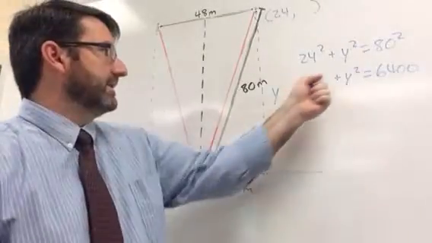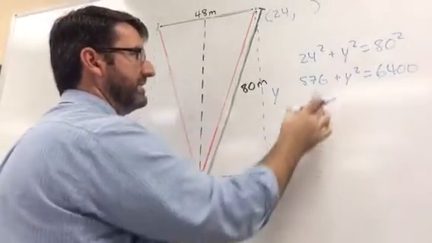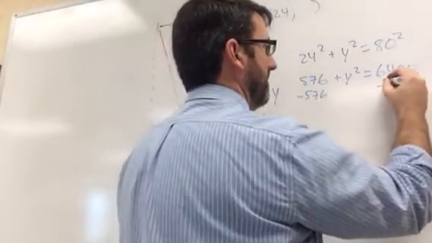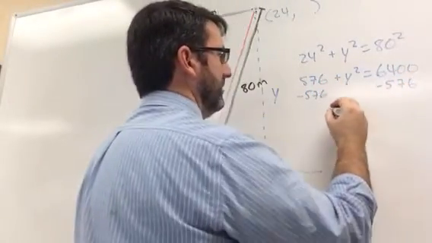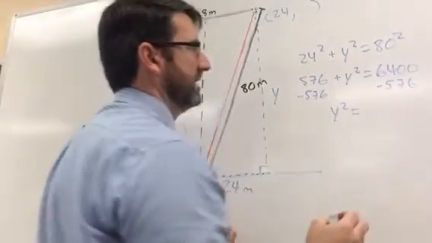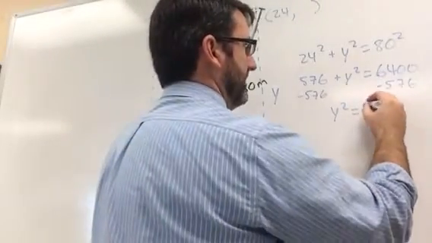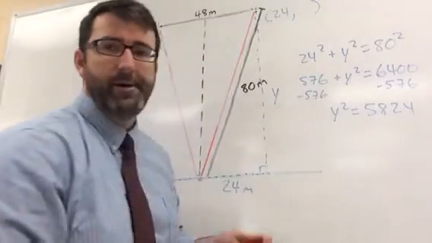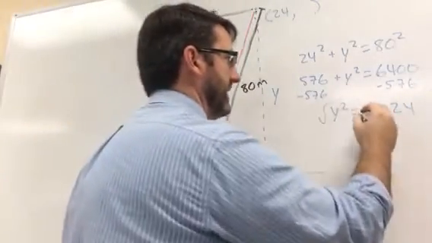And now we're trying to get y by itself, so let's subtract 576 from both sides. And we get y squared equals 5,824. And then take the square root of both sides.